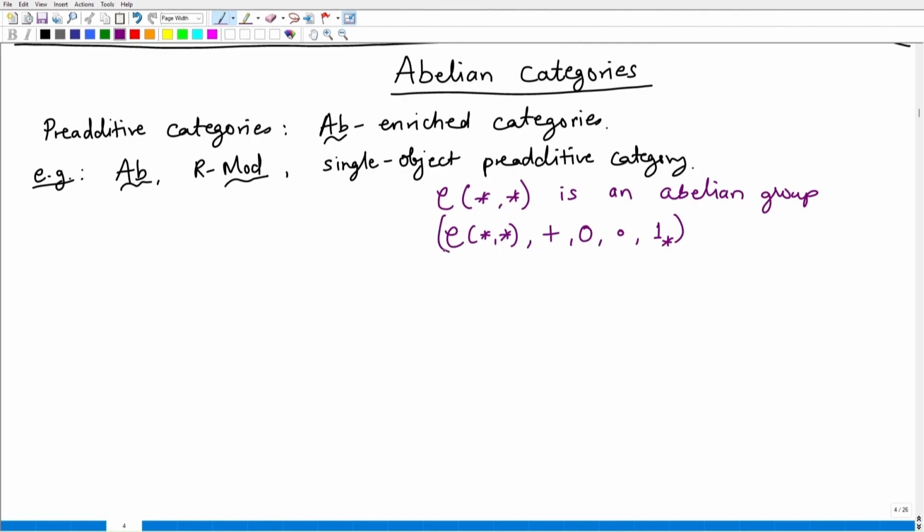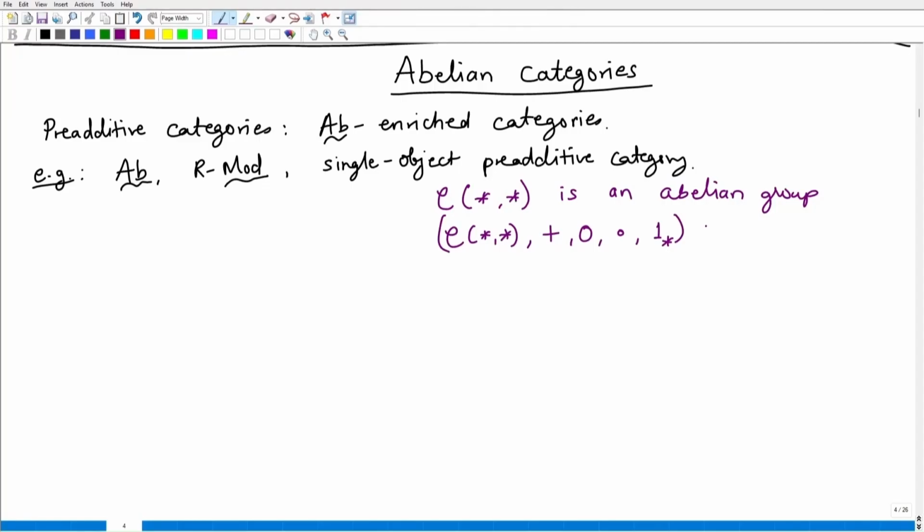Such that composition is bilinear, which means composition distributes over addition on both sides. So what is this a definition of? A ring. It's a unital ring, the same as a ring with unity.